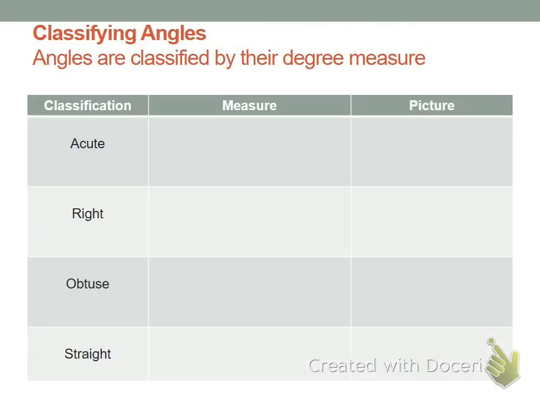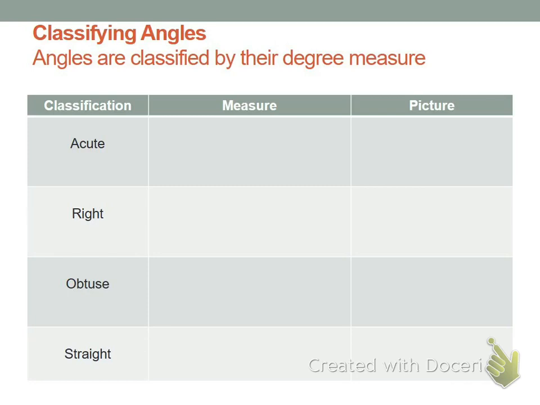We have now come to the part where I believe you might have seen this before at some point in your life. Acute, right, obtuse, and straight angles. Does anybody know the measure of acute angles? Paris? 45 would be an acute angle, but I'm thinking more general. Rodney? 30 degrees. That's also specific. Kobe? Below 90, but above 0.